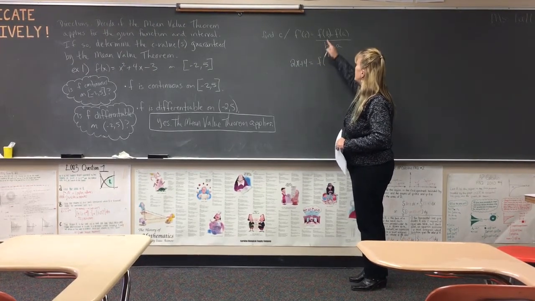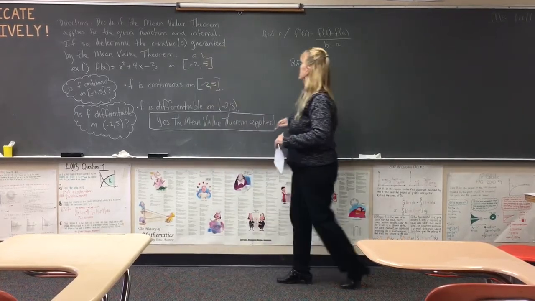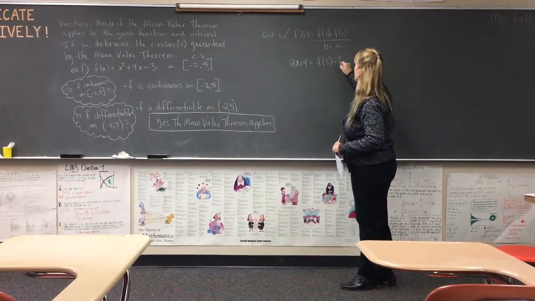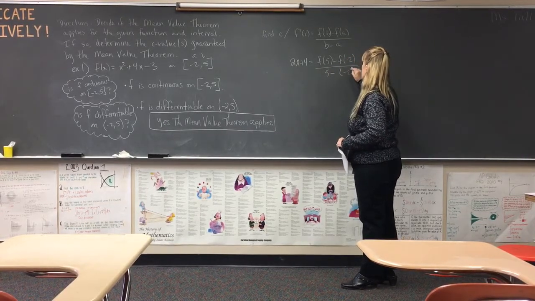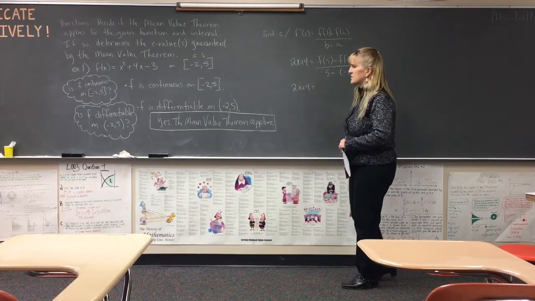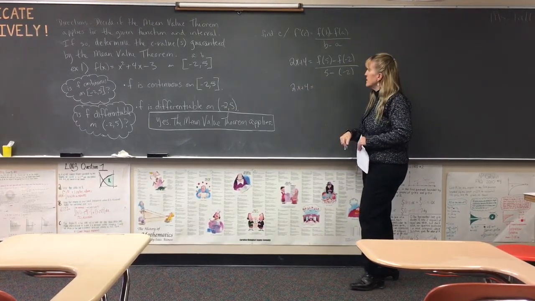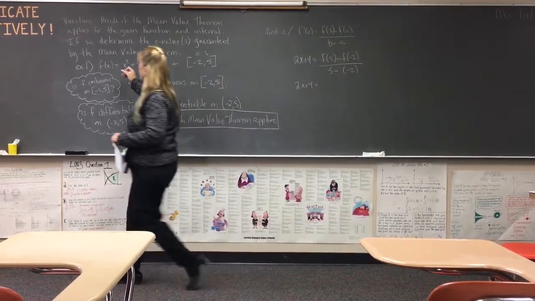So f of b, what's my b? I have an a-b interval right here, so my b is 5. This is f of 5 minus f of negative 2 all over 5 minus negative 2. Not much I can do with that 2x plus 4 right now until I get some kind of a number over here. F of 5. Now I can take this 5, bring it back over here.